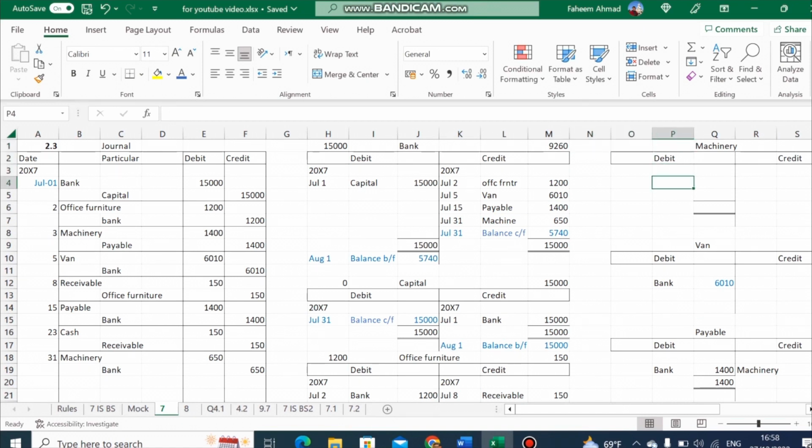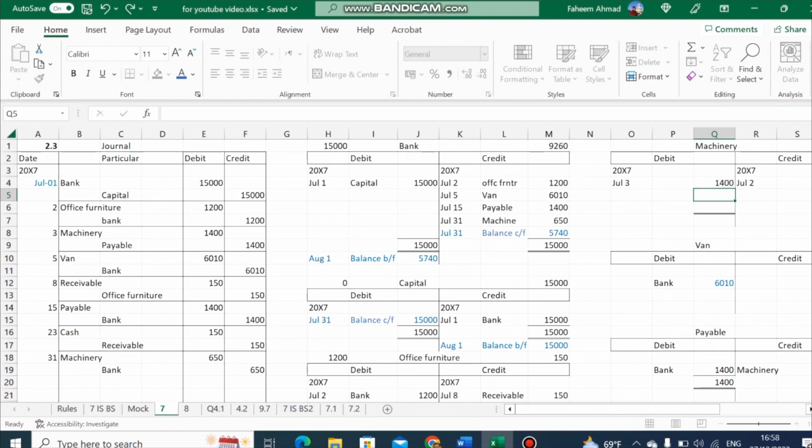So for machinery, let me quickly do it. For machinery, first entry is on 3rd. So I will write down here 3rd. For how much is it? It's for 1400.